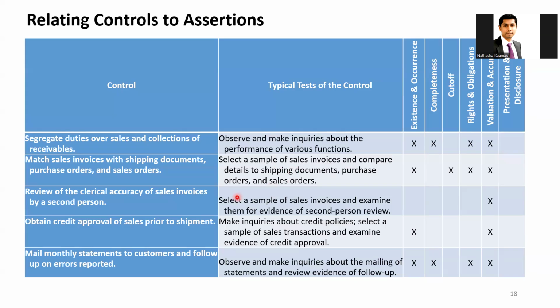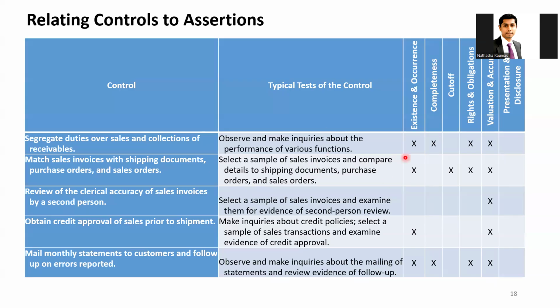You don't do the three-way matching from the beginning. You go and check whether they have done three-way matching. Maybe you select a sample and check whether they have mentioned that the three-way matching is done, whether they have put some notes or signatures to ensure that they have done it.